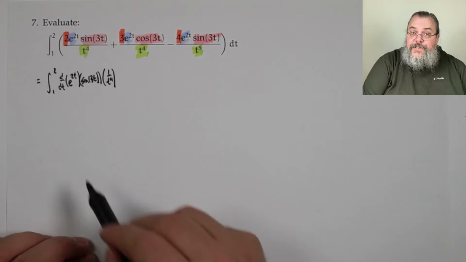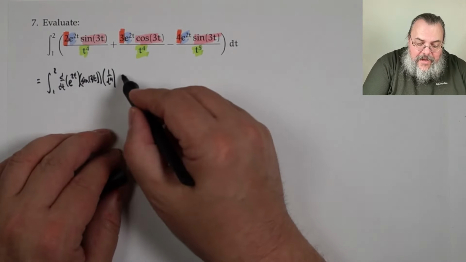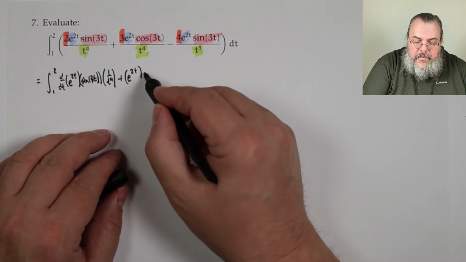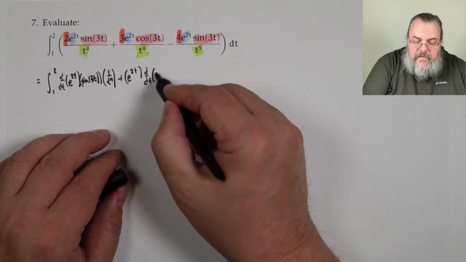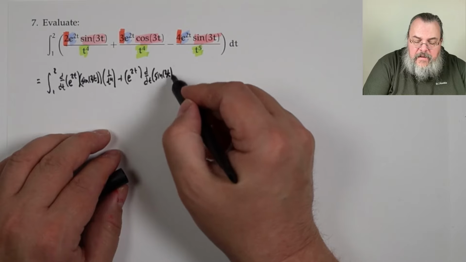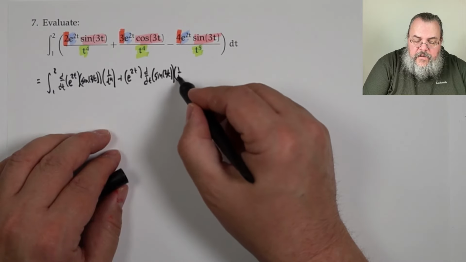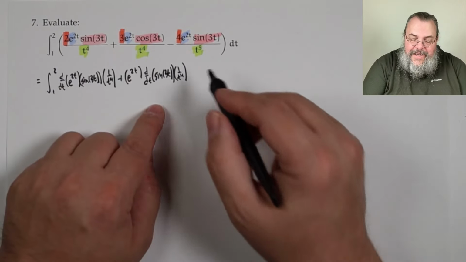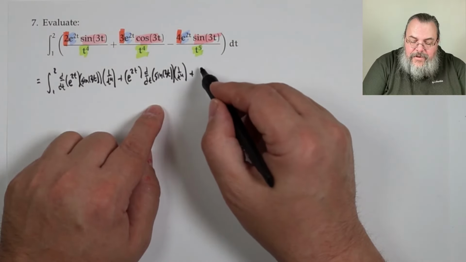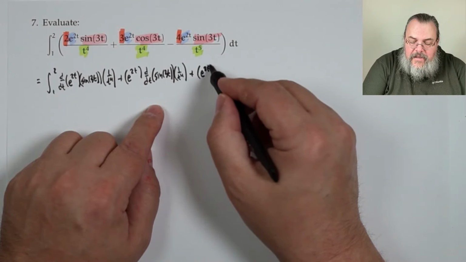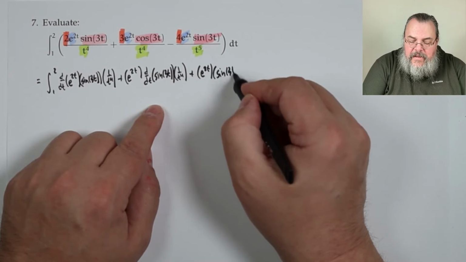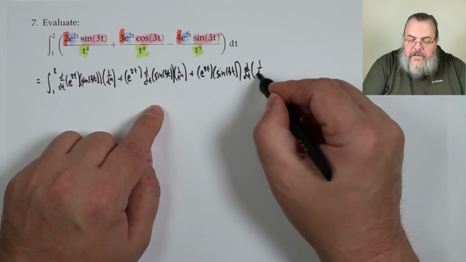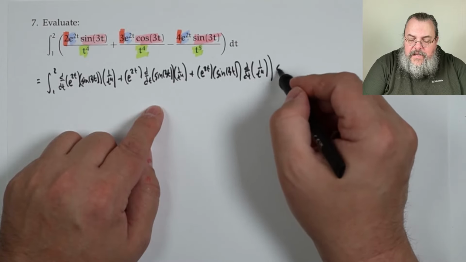That's the first slot. Now the second slot, that's e to the 2t times the derivative of sine of 3t times 1 over t to the fourth, because the derivative of sine of 3t is 3 cosine 3t. And this last slot, that's e to the 2t sine of 3t times the derivative of 1 over t to the fourth, dt.